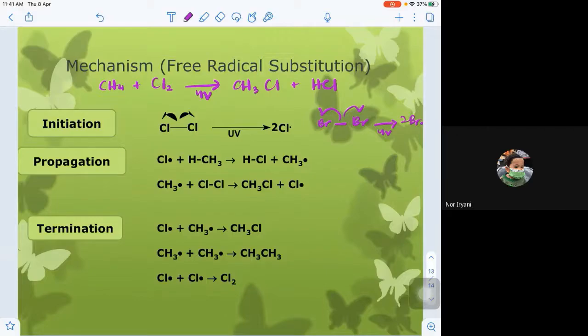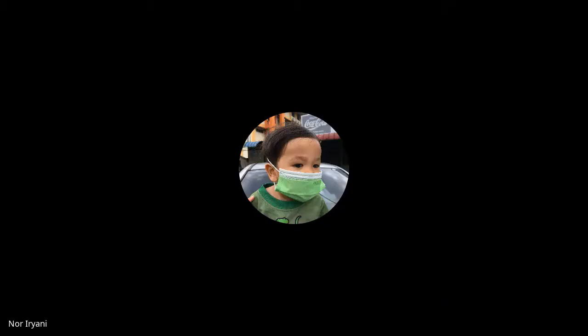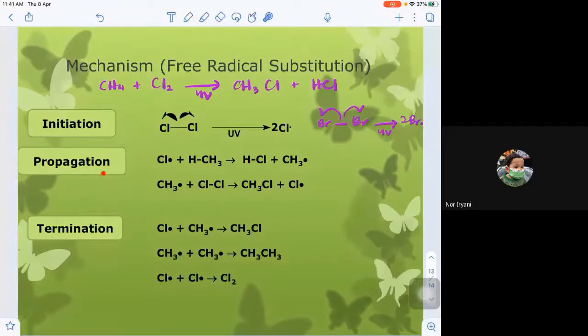And then the second step is the propagation step. In this propagation step, the radical that is produced in the initiation step starts to attack the hydrogen in the starting material, the alkane. The radical attacks the hydrogen because it is a free radical. It does not achieve octet, so it looks for ways to achieve octet.